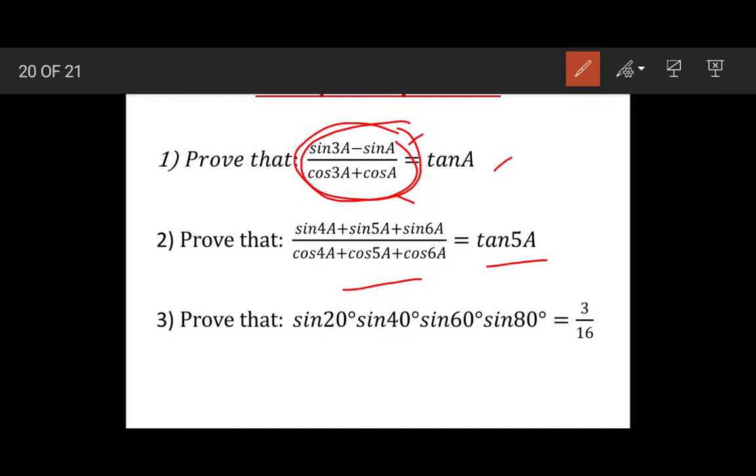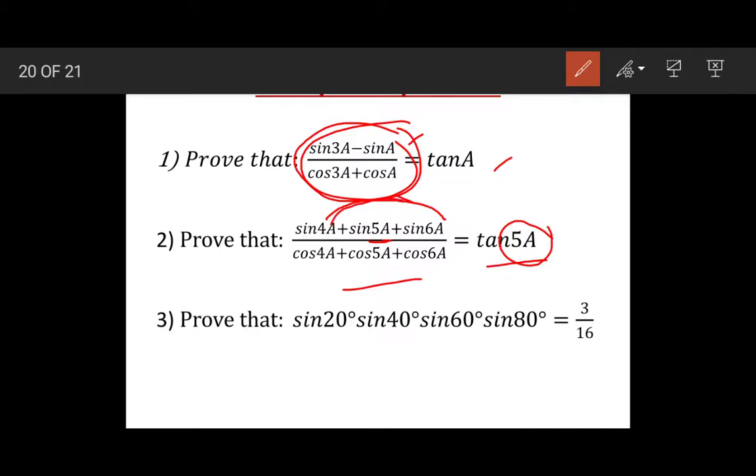Now here you have to make a pair to apply the factorization formula. Now class, the pair will be 4a and 6a. Why? Because 4a plus 6a, that is 10a, upon 2 is equal to 5a. Here 5a is already given, and the right hand side is also 5a.